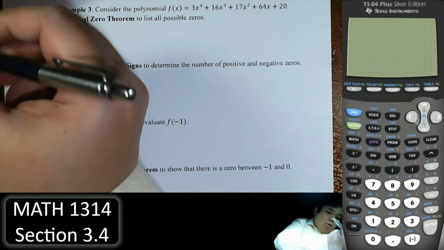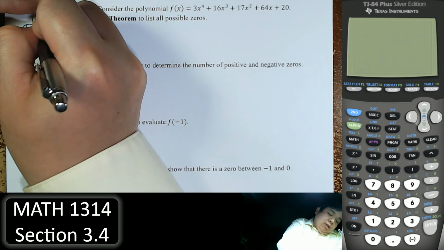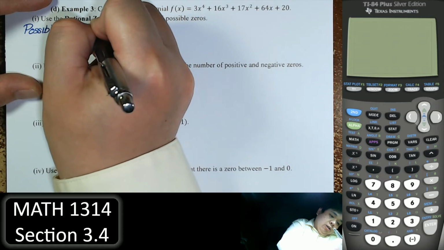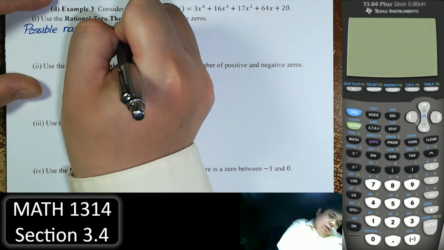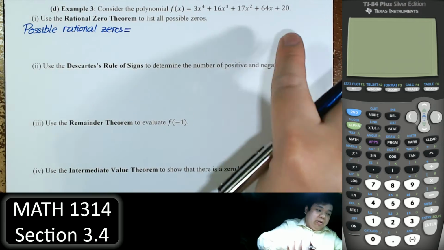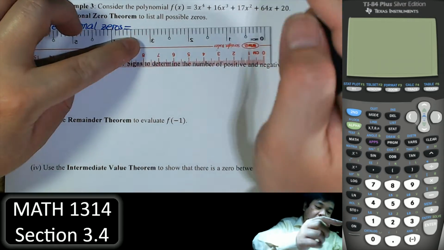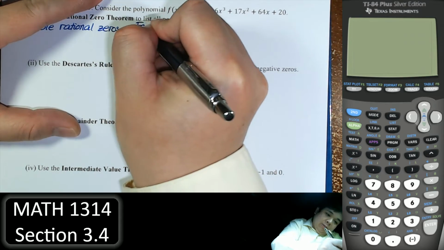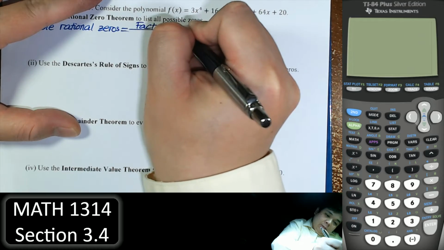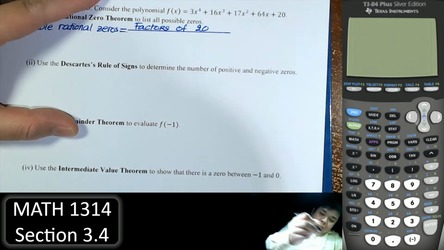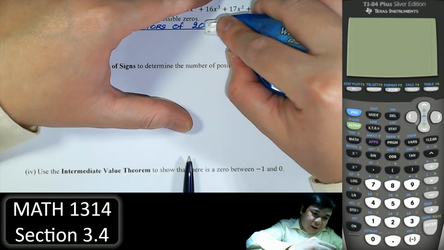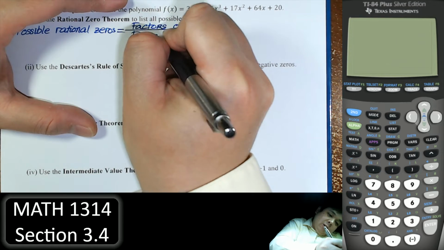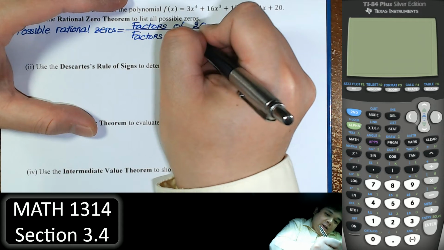So the possible rational zeros are the factors of the constant, the last one, over the factors of the leading coefficient.